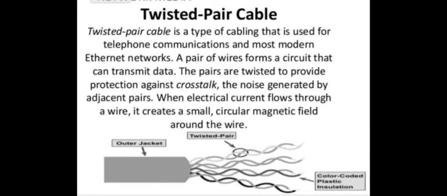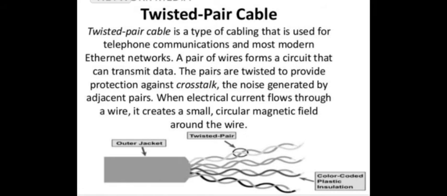Twisted pair cable is a type of cabling that is used for telephone communication. In earlier times, people at home used telephone lines. So telephone communication uses twisted pair cable, and most modern Ethernet networks also use twisted pair cable. It is a pair of wires forming a circuit that can transmit data.